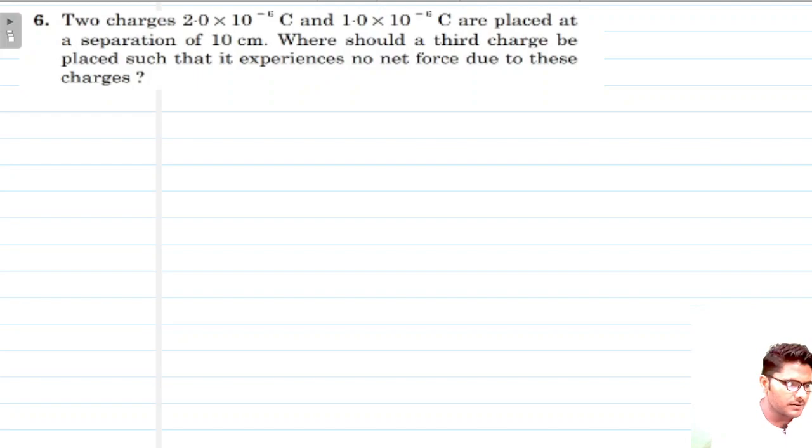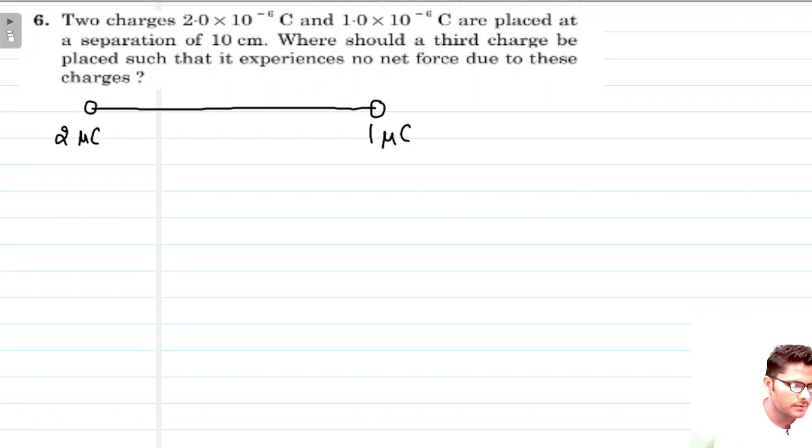So the two charges are given here, 2 microcoulombs and 1 microcoulomb, and they are separated by a distance of 10 centimeters. So suppose this is 2 microcoulombs and this second charge is 1 microcoulomb and the distance between them is 10 centimeters.